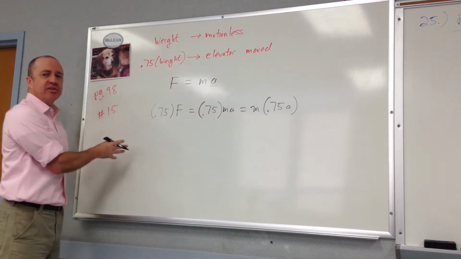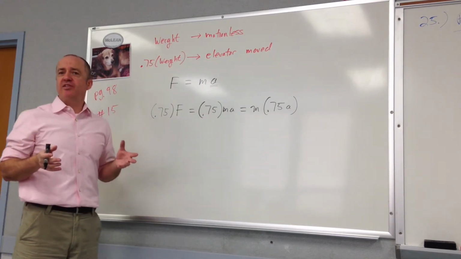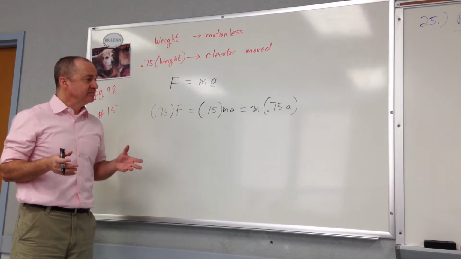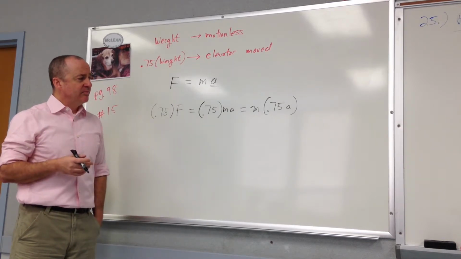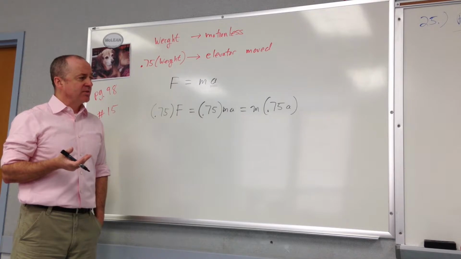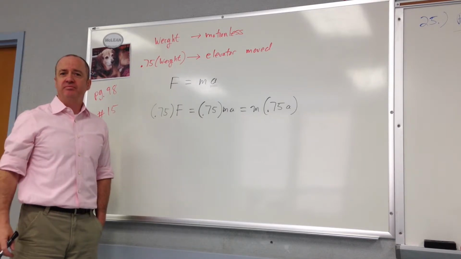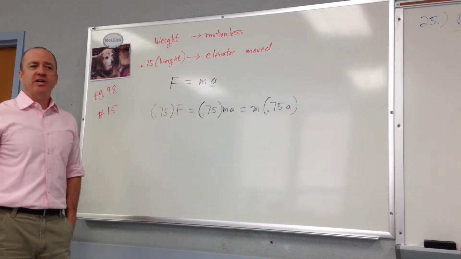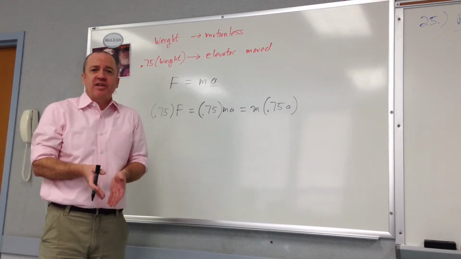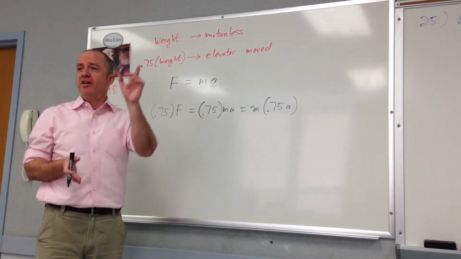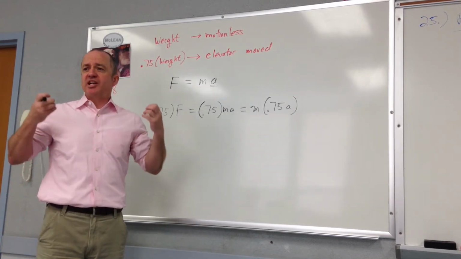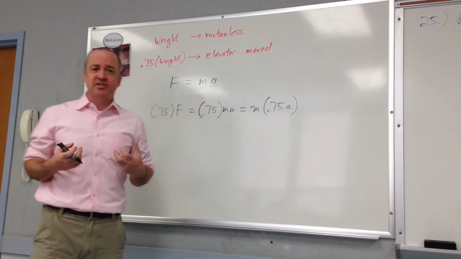Okay, now we started out with a guy standing motionless in a motionless elevator on a bathroom scale, right? So what was the acceleration involved then? He was putting a force on that scale just by standing there, right? The only thing he was feeling was the acceleration due to gravity on his mass.